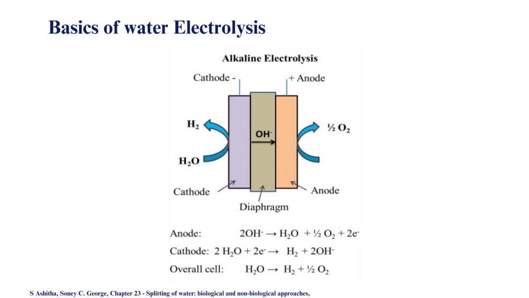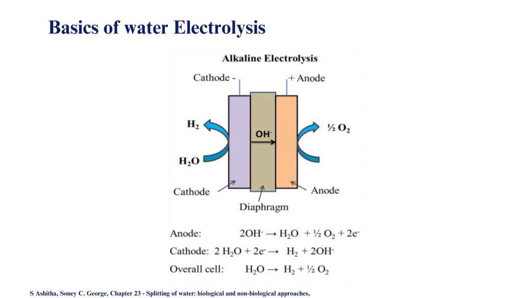In alkaline electrolysis, usually the electrolyte is potassium hydroxide or sodium hydroxide. These are taken in a beaker where two electrodes are immersed, a cathode and an anode. At the cathode, hydrogen is produced, and at the anode, oxygen is released.